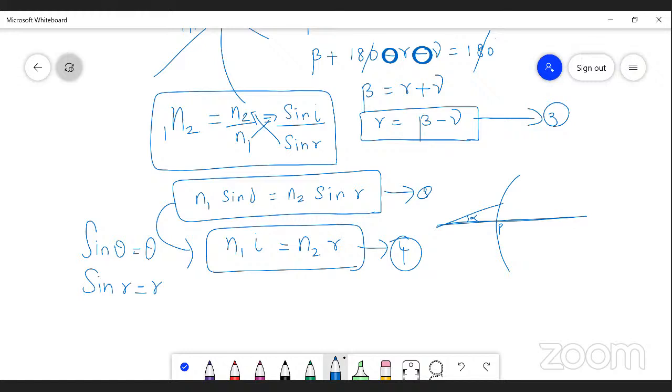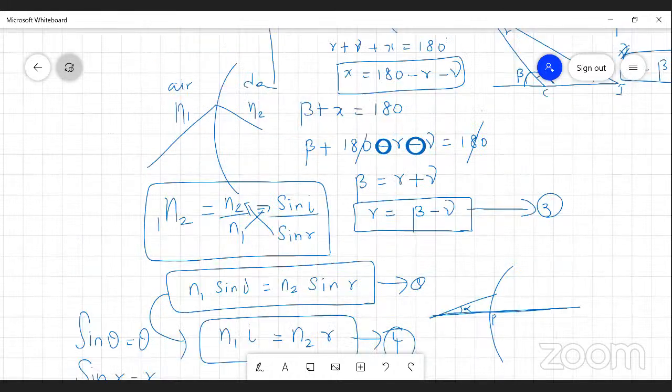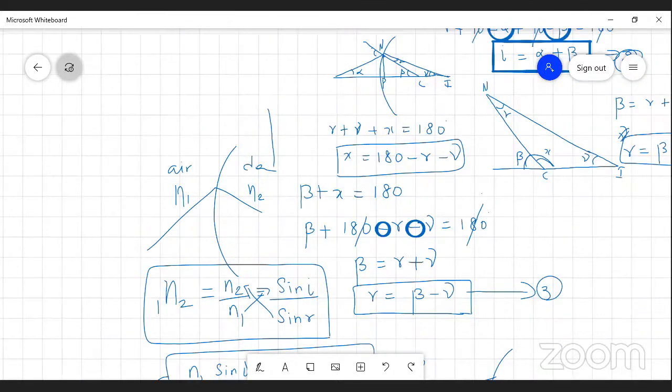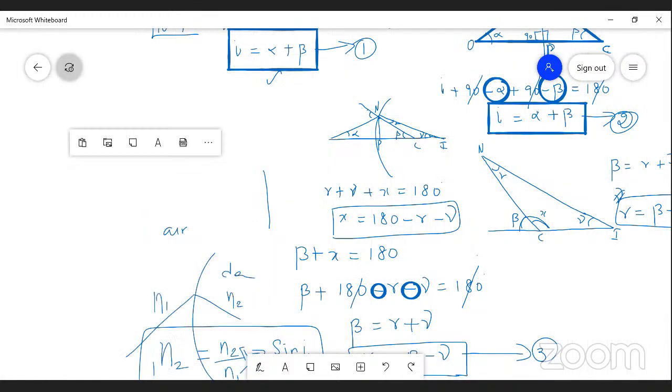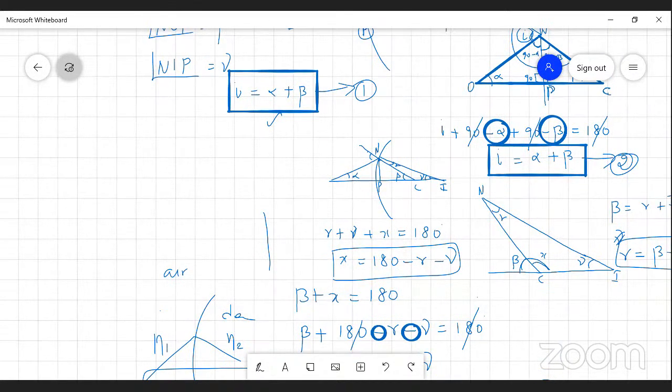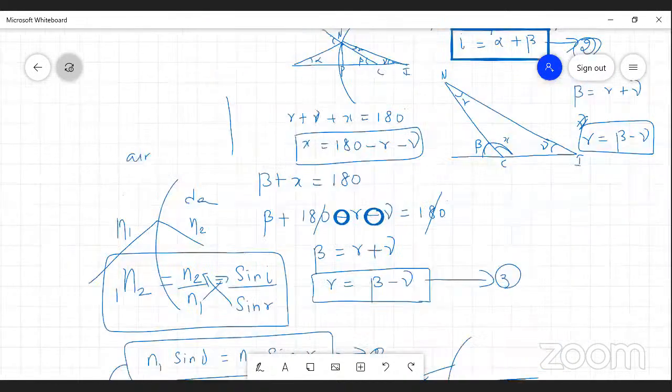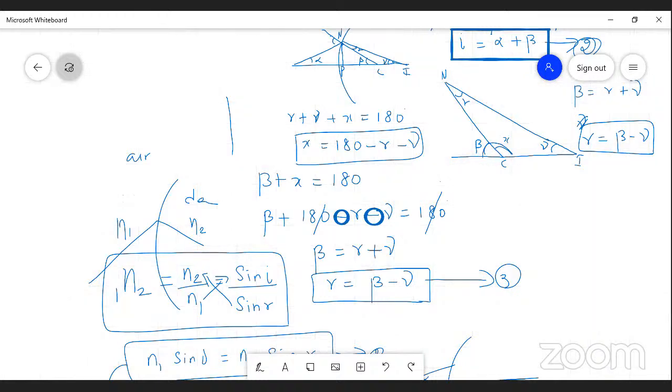Equation number 4. First, the angle of incidence. I is equal to alpha plus beta, and beta is equal to r plus gamma. The angle of refraction r is equal to beta minus gamma.